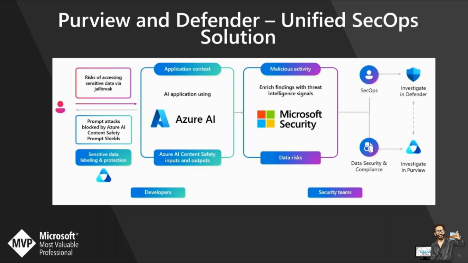Essentially, I want to be able to monitor if someone's doing something malicious with M365 Copilot, or something malicious with an Azure AI application. I want to be notified of that, and then you want to build a response off the back of that. So if a user account gets compromised and they're using Copilot and asking it to summarize their emails and send them in the same tone as their previous emails, how do you detect something like that?